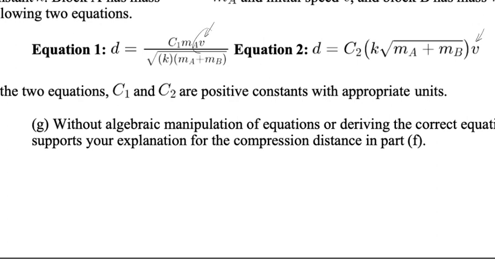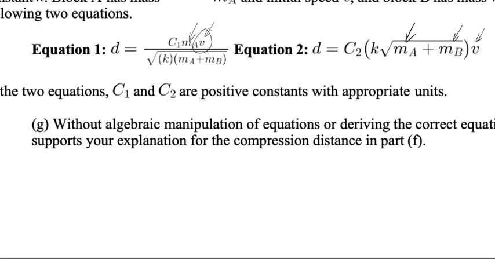Because it's in the numerator. So if V gets bigger, D gets bigger, we would not be able to use that as our explanation. I'll also point out that if the block was heavier, it would be harder to stop. I'm not sure we could use that as our explanation either, because it's in the numerator here and in the numerator here for block A. That one might not be a good explanation either.